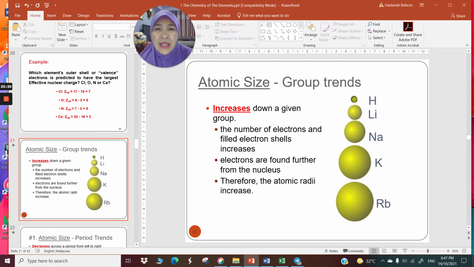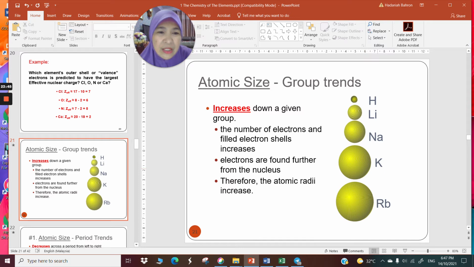So the group trends, as you move from top to bottom, atomic size will increase down the group because the shell becomes bigger as we go down. If you look from hydrogen, which is tiny, lithium becomes slightly bigger, and underneath lithium is sodium, which is on shell number 3.